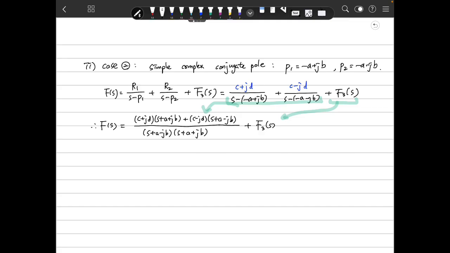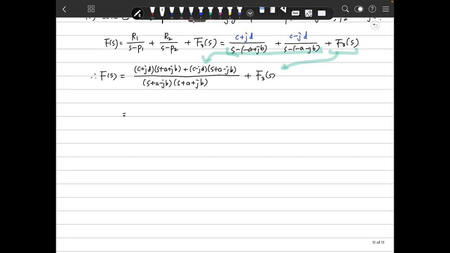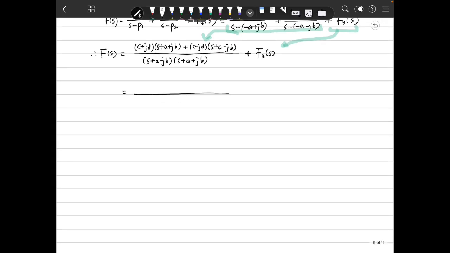Then we rewrite this formula more simply. That will be S squared plus 2AS plus A squared plus B squared, and 2CS plus 2AC minus BD, plus F3S. F3S means the other terms, the arbitrary other terms.